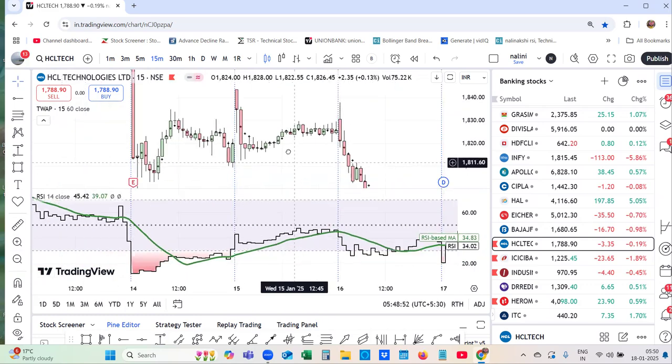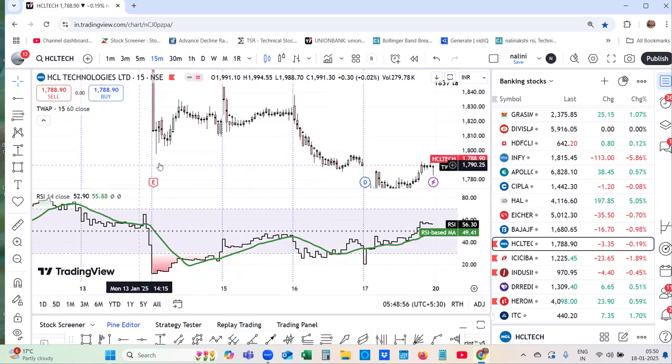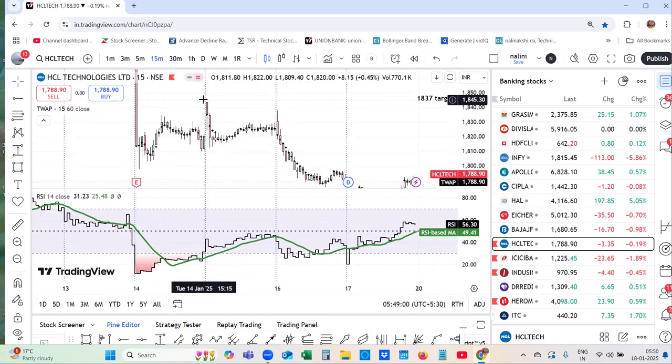It was a Batman pattern. It was on Wednesday. A volatility spike, gap up, came down, consolidation.